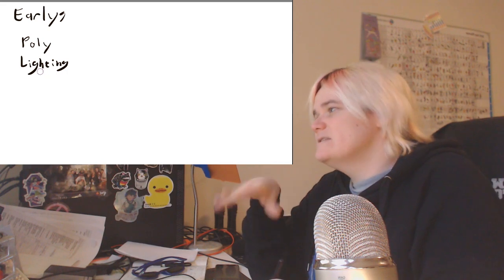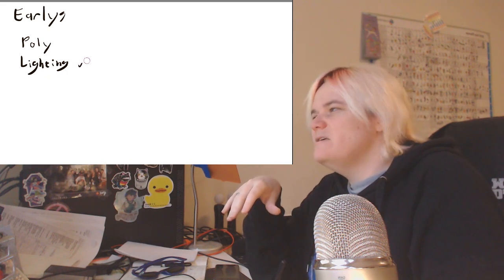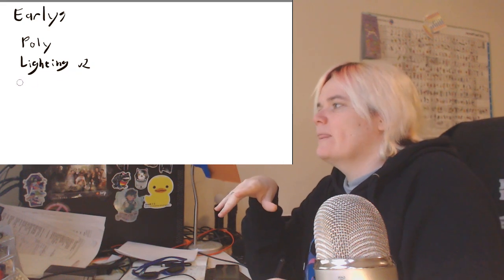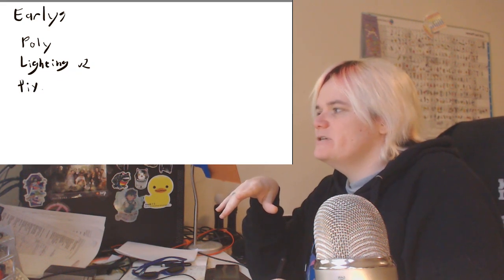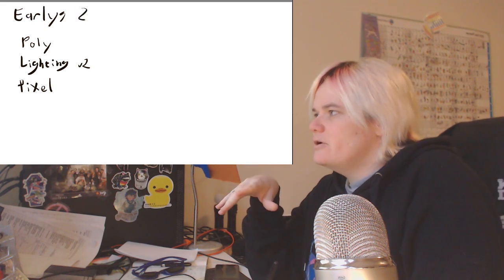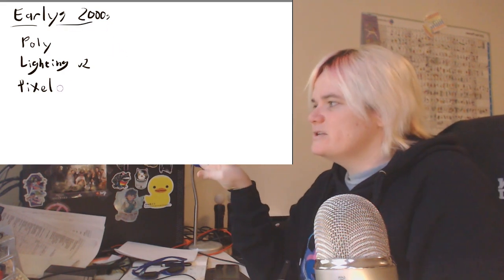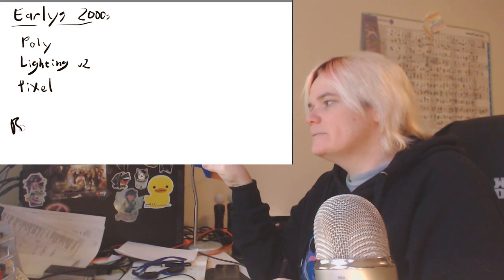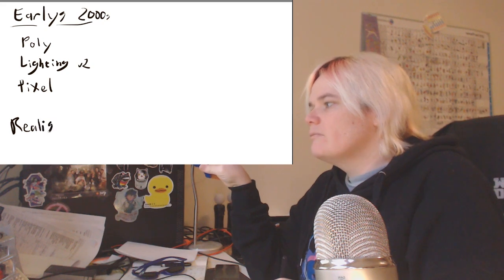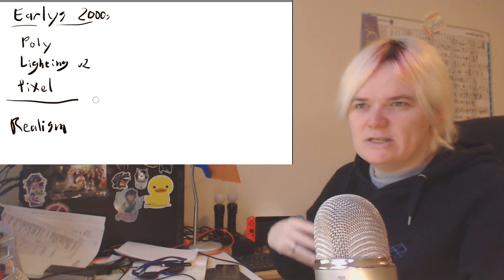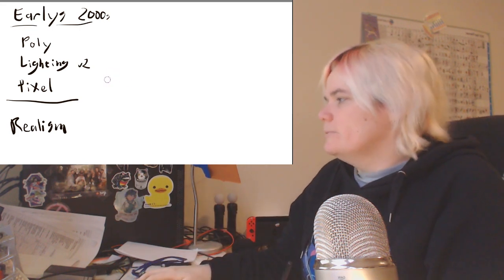I'd say this is still lighting V2 at this point. You've got pixel shaders and vertex shaders, but things are still tending towards realism, and you've got to hide a lot. It's a lot of grit. It's a lot of grime.